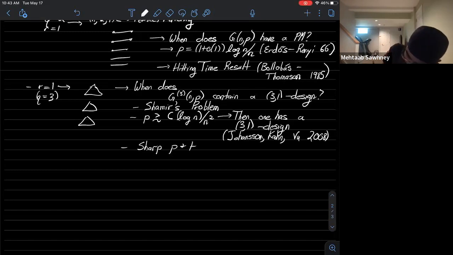And not only do we have a sharp P, we have a hitting time result. These are in works due to Jeff Kahn: a first paper which gives the sharp P result from 2019, and then the hitting time result in 2020.